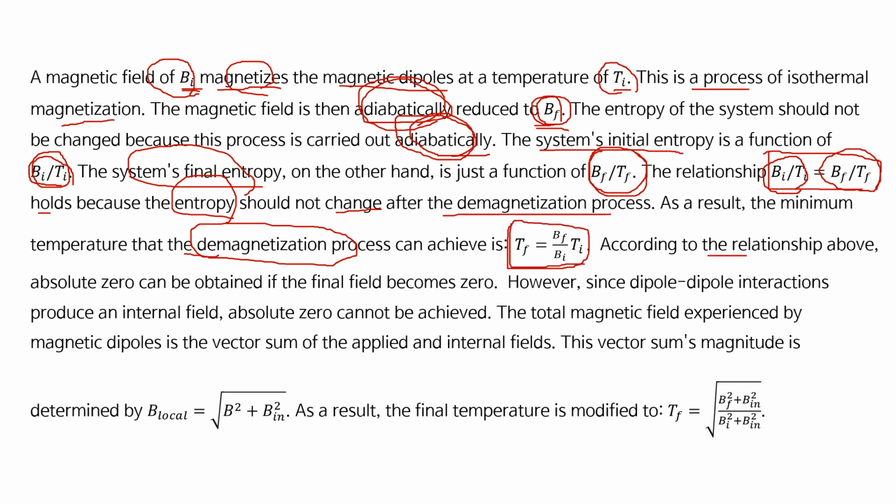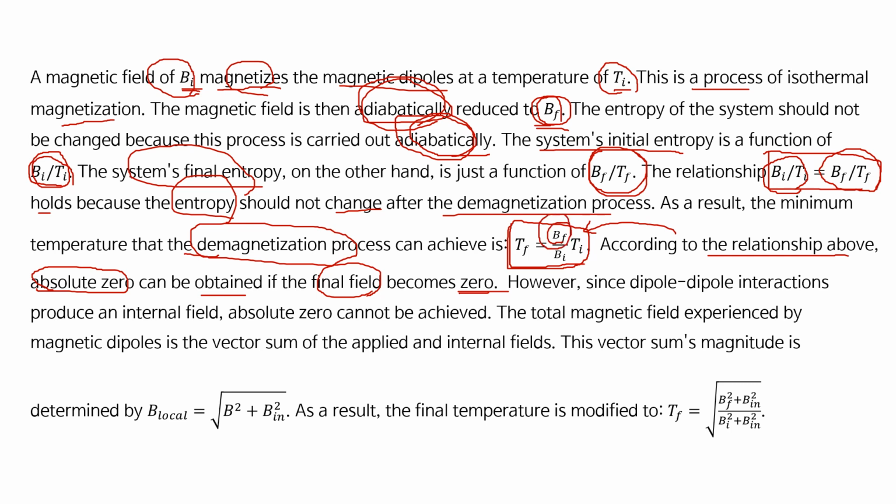According to the relation above this equation, absolute zero can be obtained if the final field becomes zero. So we turn off the magnetic field completely, then Bf becomes zero.